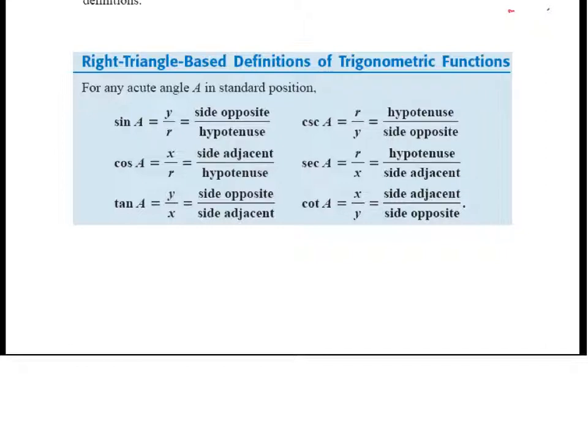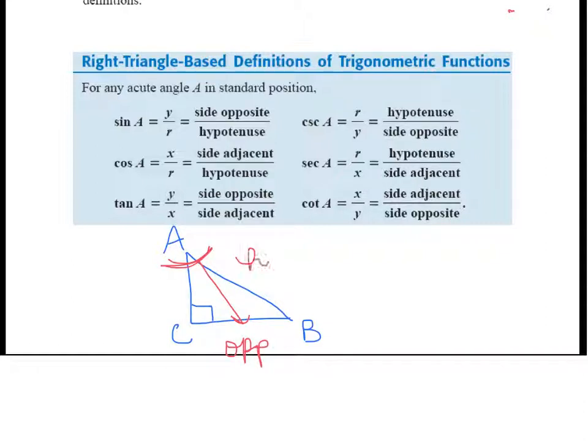We're talking about sine A is y over r, is what we've had in the past. Let me draw the triangle again. So if we have A, B, and C, and you're looking for sine of A, A's here, so it's opposite over hypotenuse, okay?